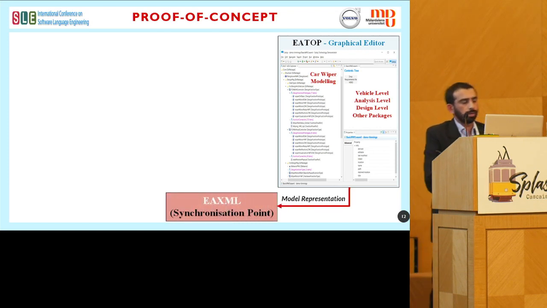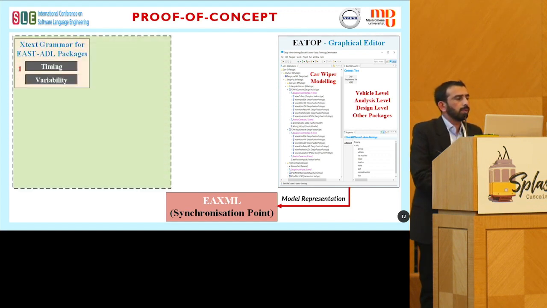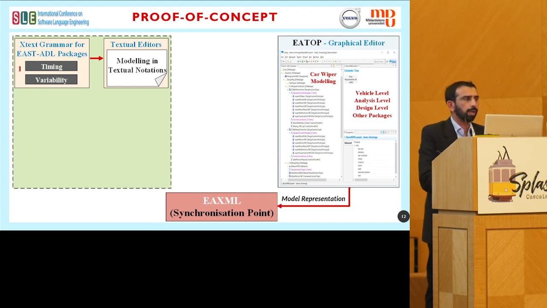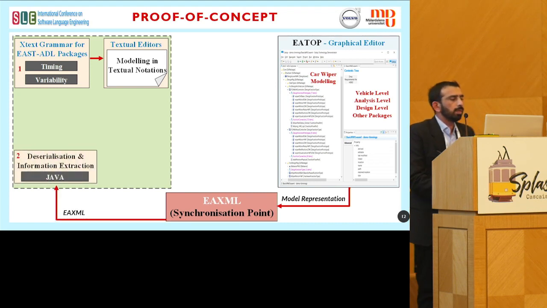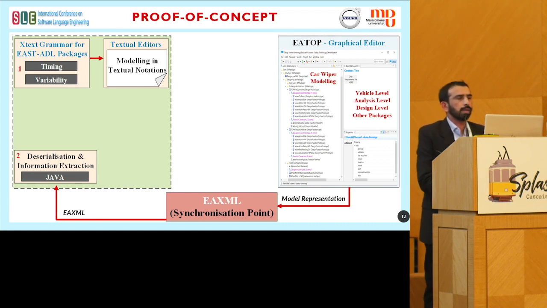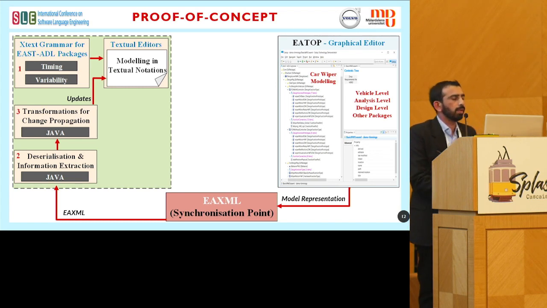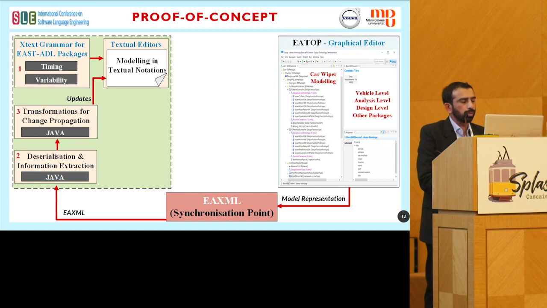Here, EXML serves as a synchronization point. So we implemented the timing and variability XText grammars, and as we already discussed, this allows us to have two editors to support modeling in textual notations. We implement step 2, deserialization and information extraction, in Java using XML DOM. The change propagation from the graphical editor, EA-Top, to the textual editor is done using Java.